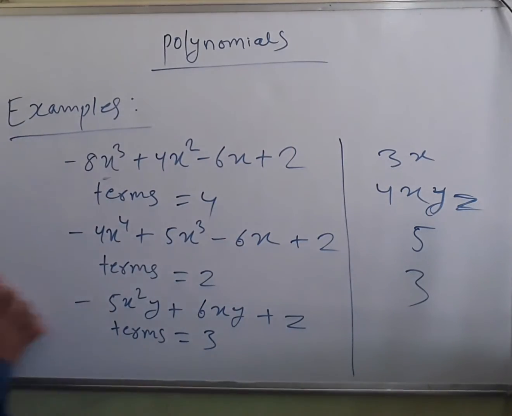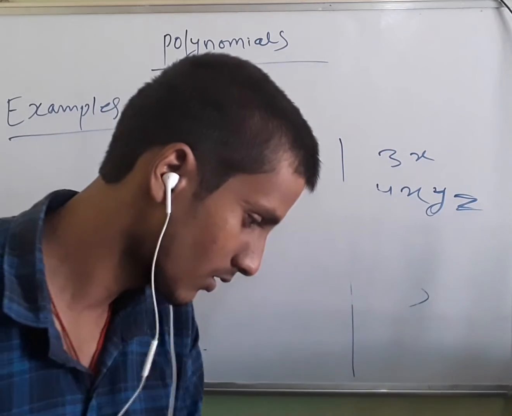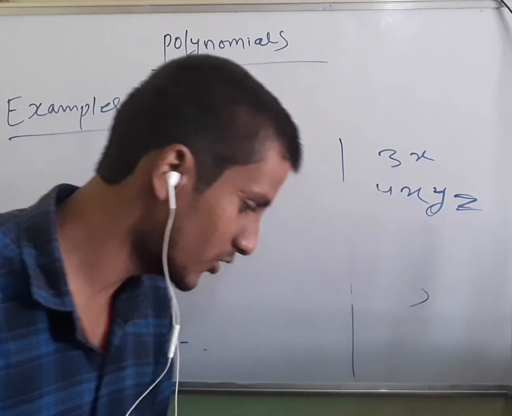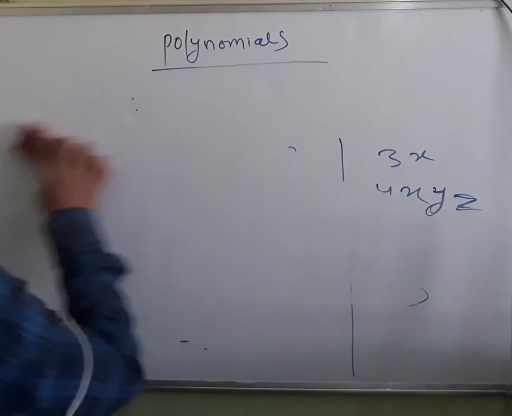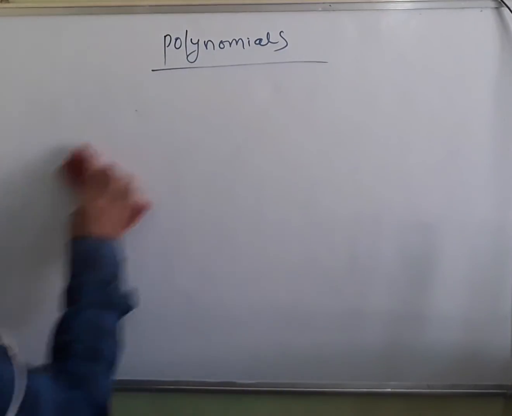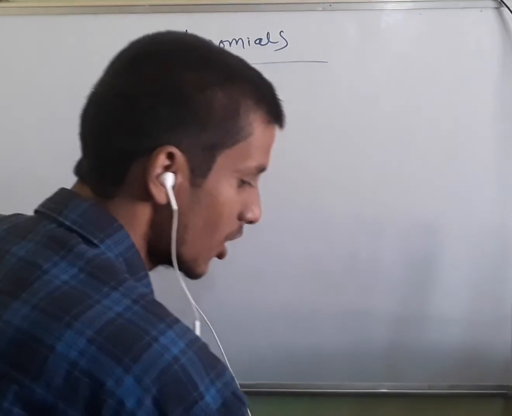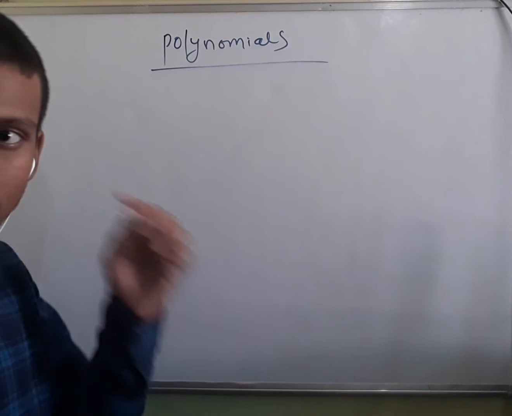Let's move on to the next thing. There's a condition: the exponent in the expression should not be a fraction or smaller than 0 for it to be a polynomial.